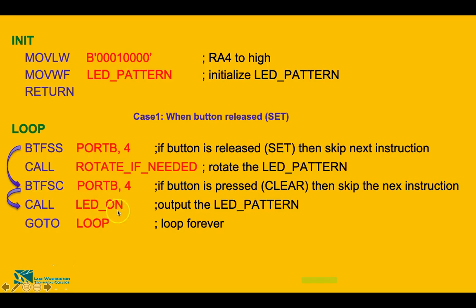So it's going to go to this label. This is a subroutine. This LED_on label is on the next slide, so I'm going to click next to see what is inside this label.